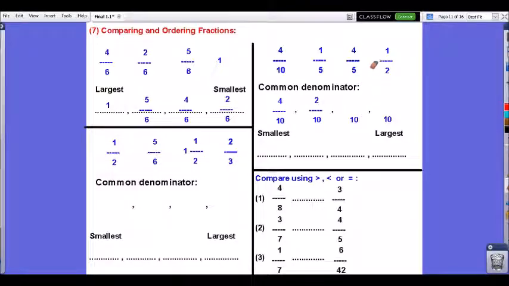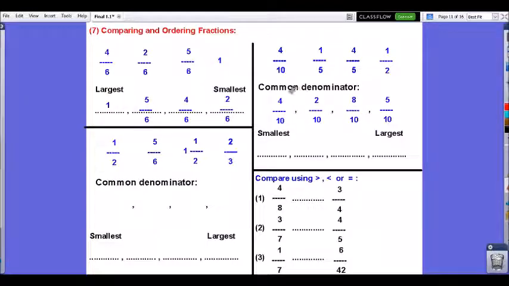Then I need to multiply the 4 also by 2 to become an 8. And I multiplied the 2 here by 5 to become a 10, then I need to multiply the 1 by 5 to become 5 over 10. Then here we have 4 fractions with exactly the same denominator.